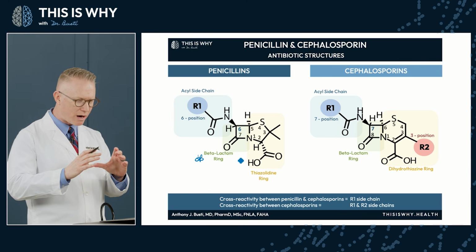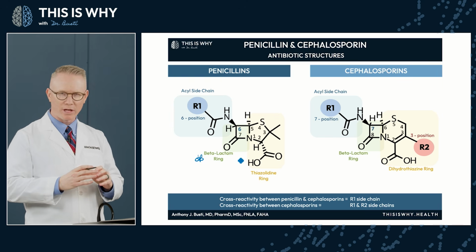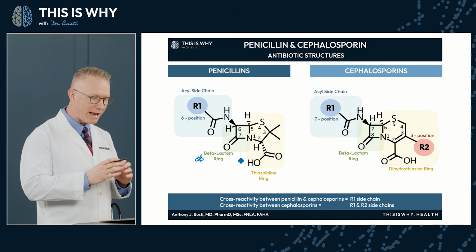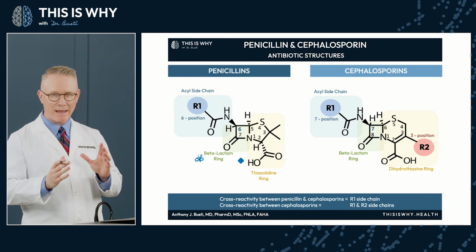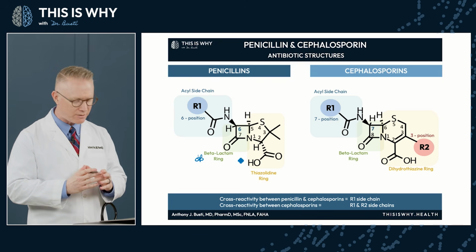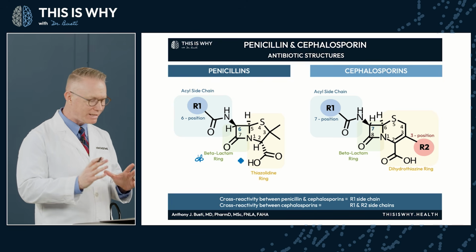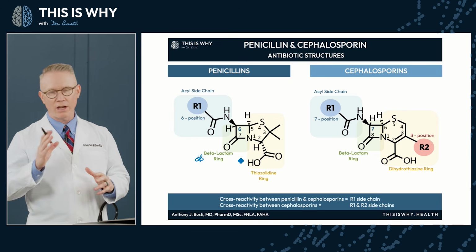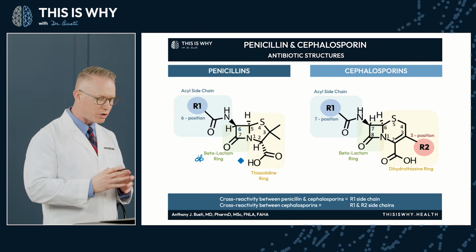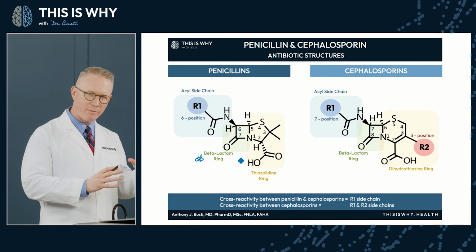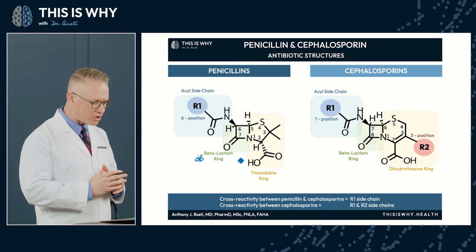That is that square box in the middle, that represents the beta-lactam ring. And interestingly, the beta-lactam ring is not the main reason for the cross-reactivity. It actually is related to the R1 and R2 side chains that you see on these core structures, and they're highlighted in that shaded blue as well as the shaded red.